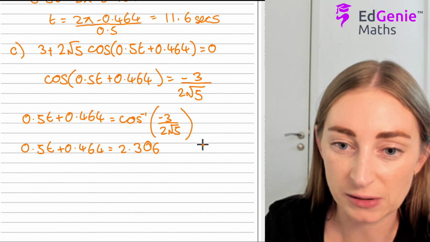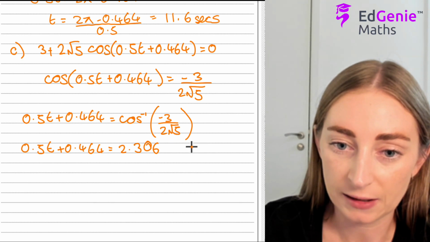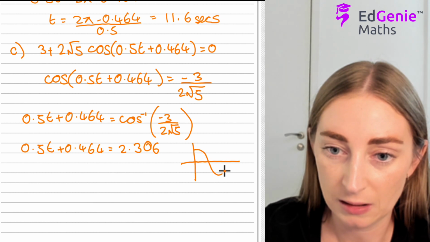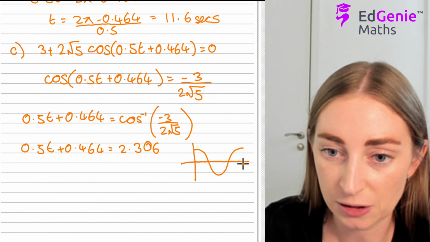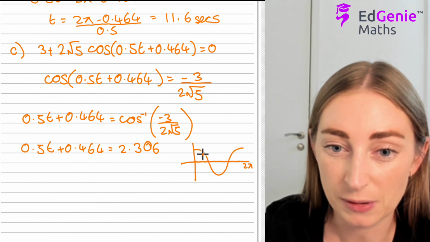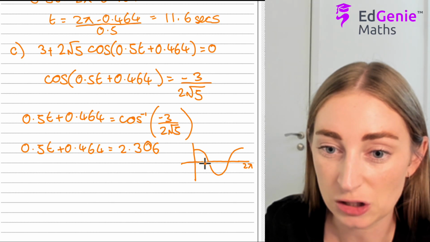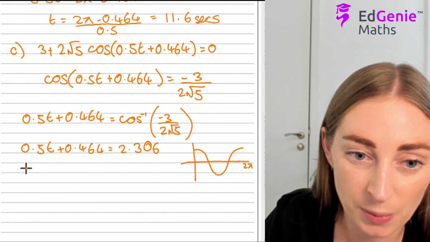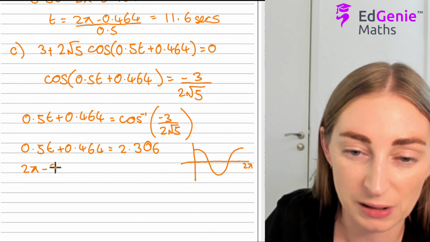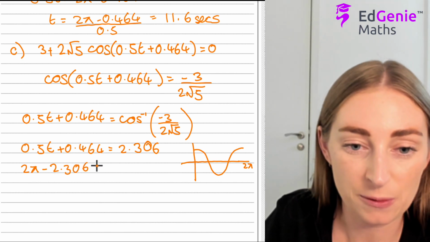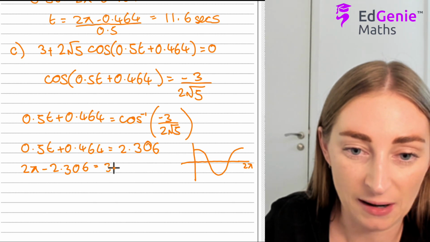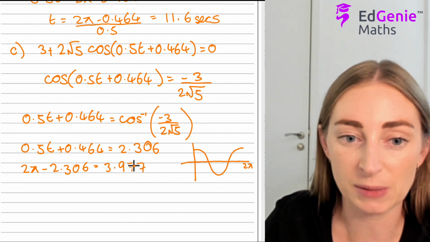So if that's my first one, again looking at my graph, we can see if that's 2 pi, wherever that value is, I need to do 2 pi minus it. So 2 pi minus 2.306 equals 3.977. So those are my 2 values.